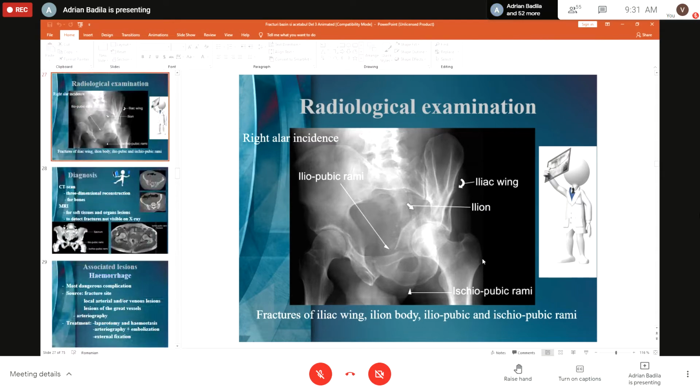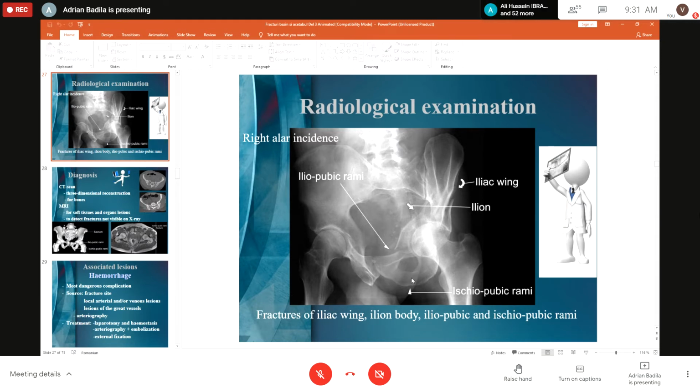Here we have an Alar incidence on the right hemipelvis, and of course it is an obturatory incidence on the left hemipelvis.